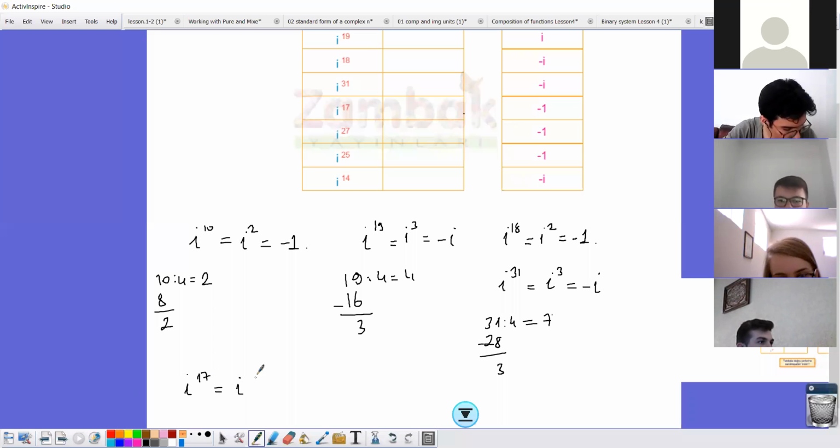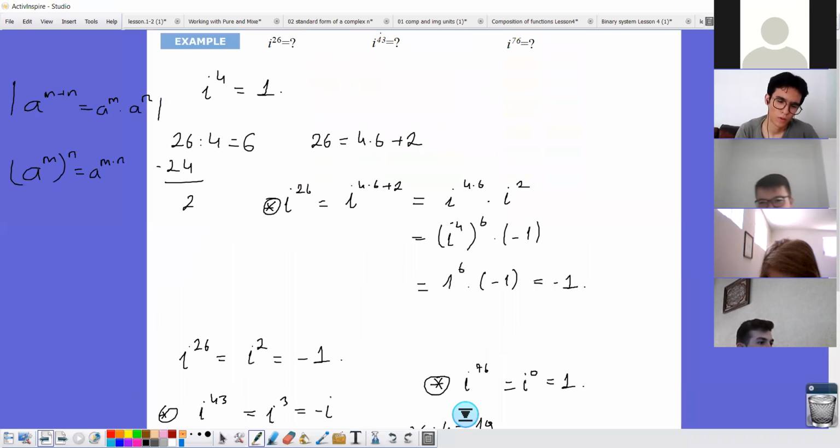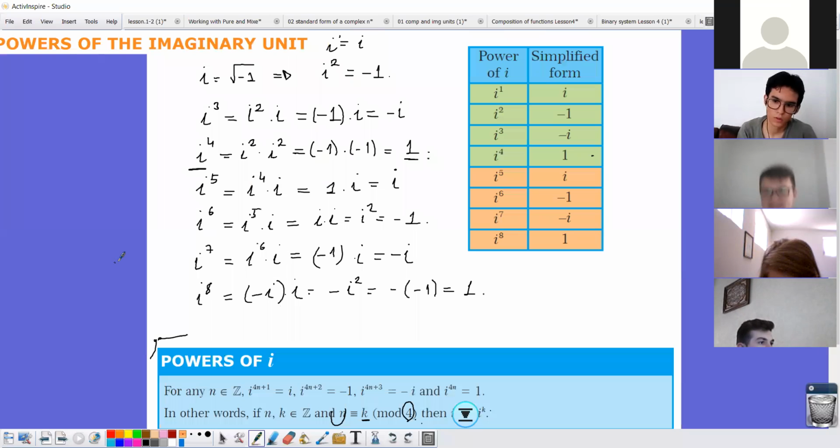Great. Teacher, can you explain why i squared is -1 and i cubed is minus i? I can explain, but I think I already explained it 20 minutes ago.